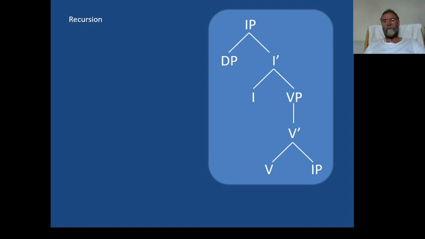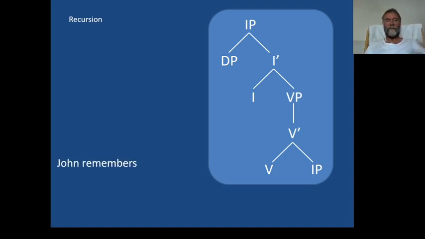But VPs are also parts of IPs. VPs are the complements of inflections, and inflections are the heads of IPs. So you can get a VP inside an IP, but you can again get an IP inside a VP. And then we get a recursive relationship there, because once we're back to the IP, we get another VP, and then you could have another IP inside that VP, and so forth and so on.